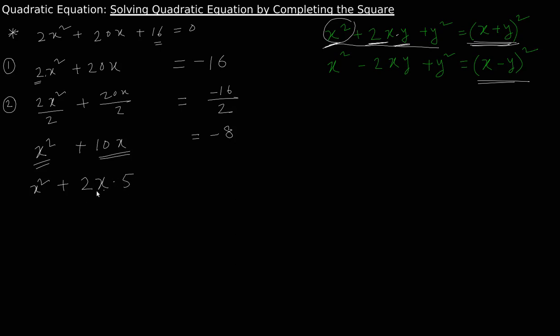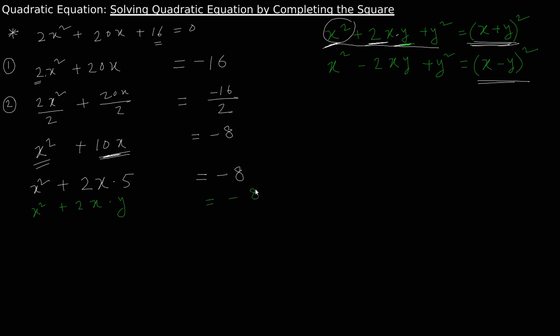If you multiply back, you are going to end up with exactly 10x, equal to negative 8. Here I did nothing except writing it in this way. Now if you compare, here I have x square, I have 2x, and that is y, so I can consider 5 as y, equals negative 8.